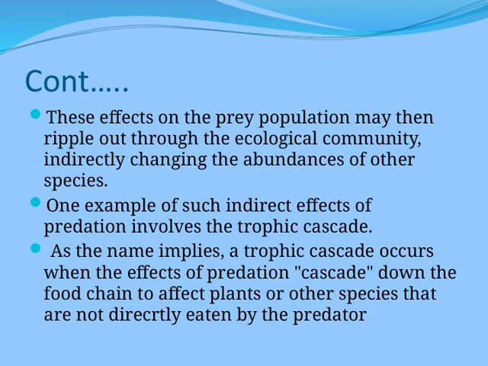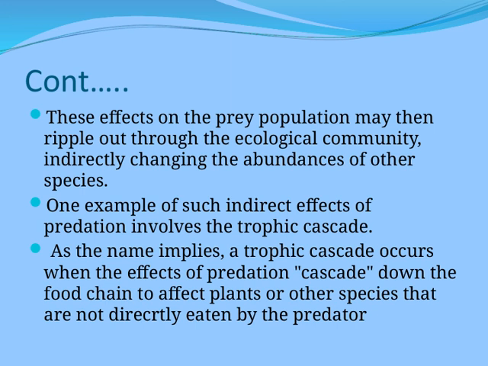These effects on the prey population don't just stay isolated. They can actually ripple out through the entire ecological community. What that means is, changes in one species can indirectly influence others, often in unexpected ways. One clear example of this is what's called a trophic cascade. As the name suggests, a trophic cascade happens when the effects of predation cascade down the food chain, ultimately impacting species that aren't directly eaten by the predator.